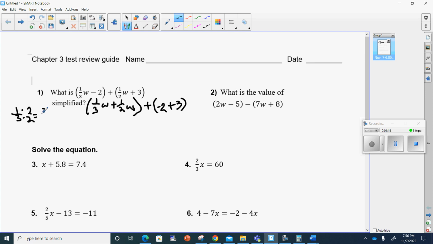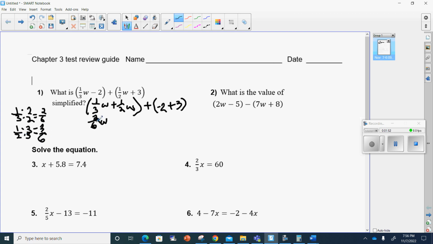That's going to equal 2/6, so this is going to be 2/6 W. I'm going to take this 1/2 and multiply it by 3/3. 1 times 3 equals 3, and 2 times 3 equals 6.